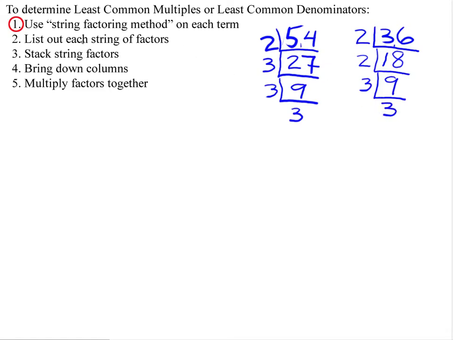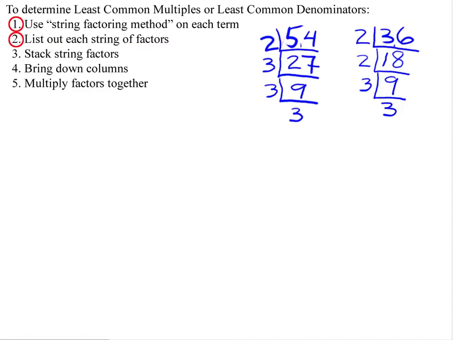So this is step 1 up here. Use the string factoring method on each term. Now we're going to go to step 2, and step 2 tells us to list out each string of factors.